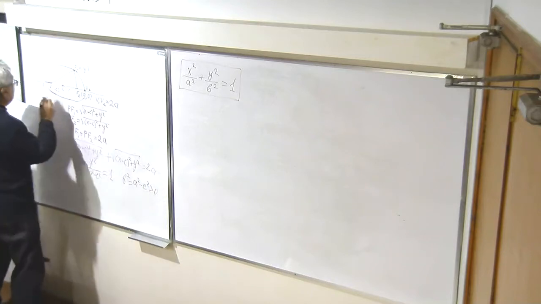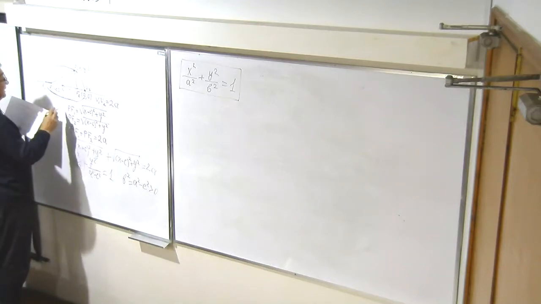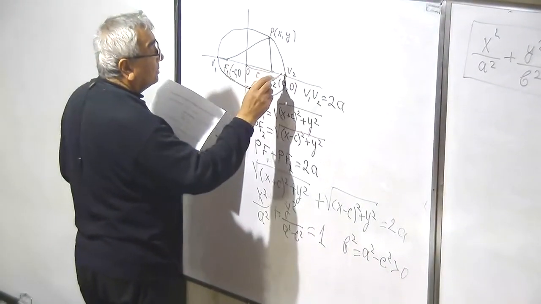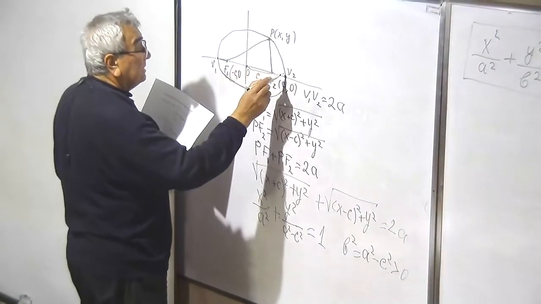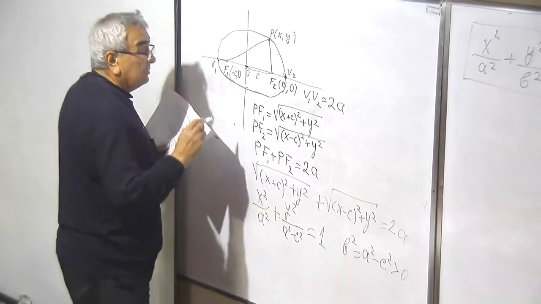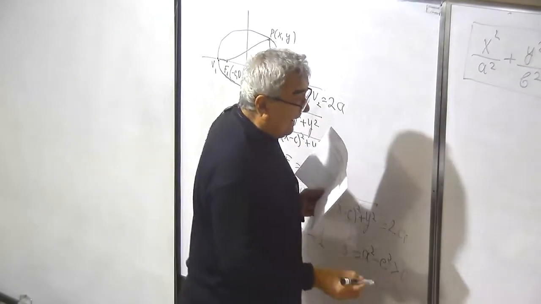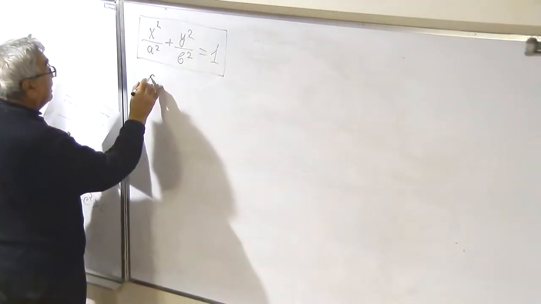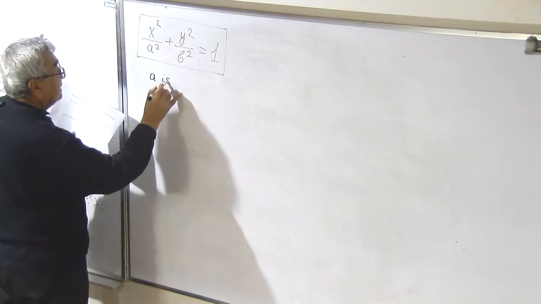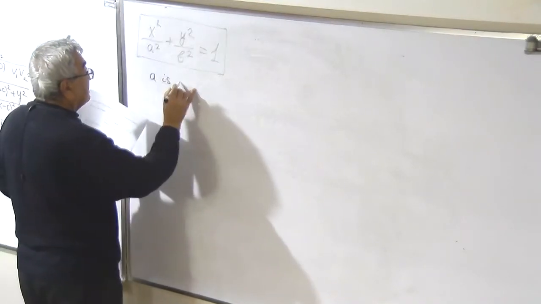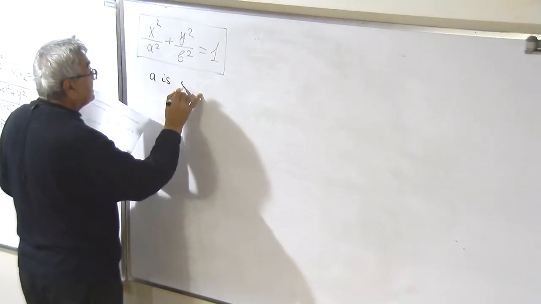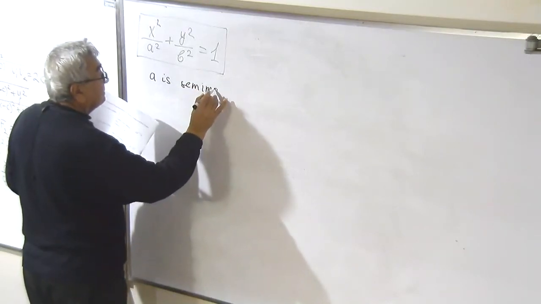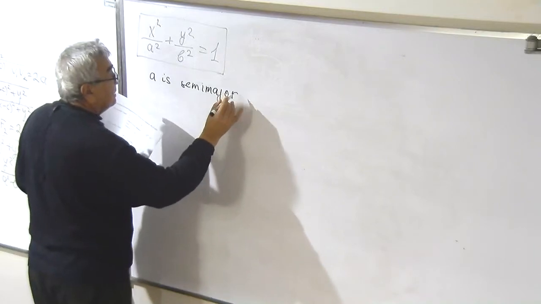Let us see what is the meaning of a. a is the distance from the origin to the vertex, because this distance and this distance are the same. Therefore, a is called the semi-major axis.